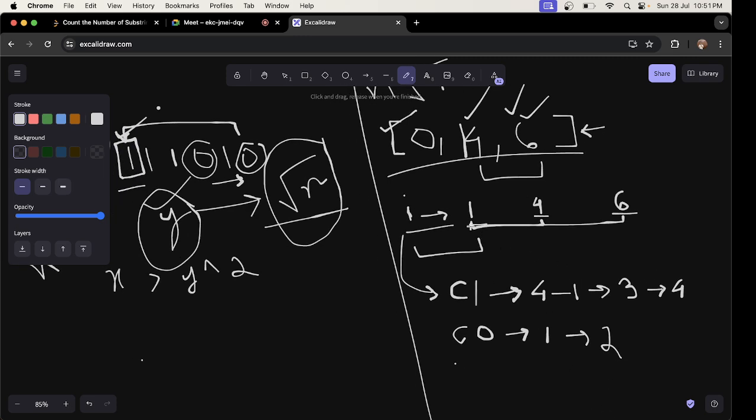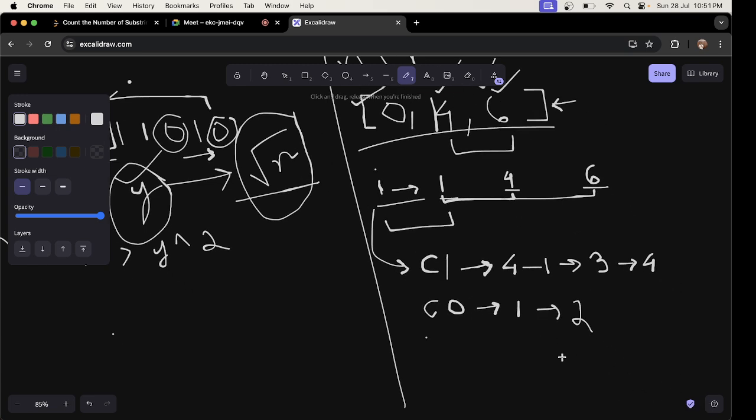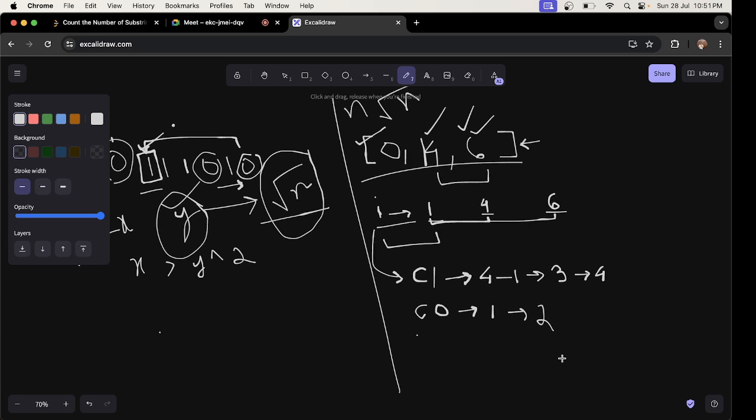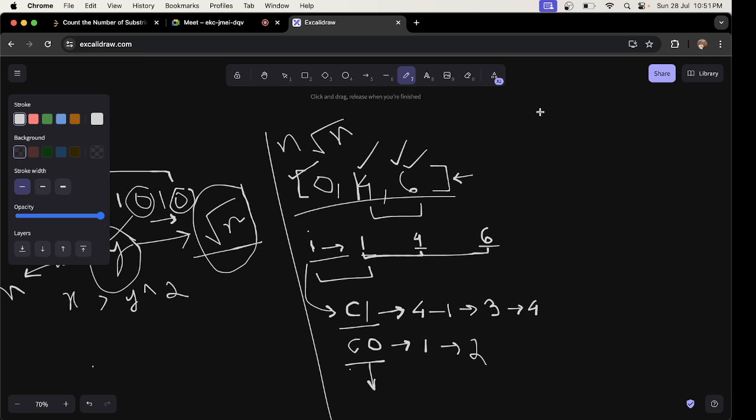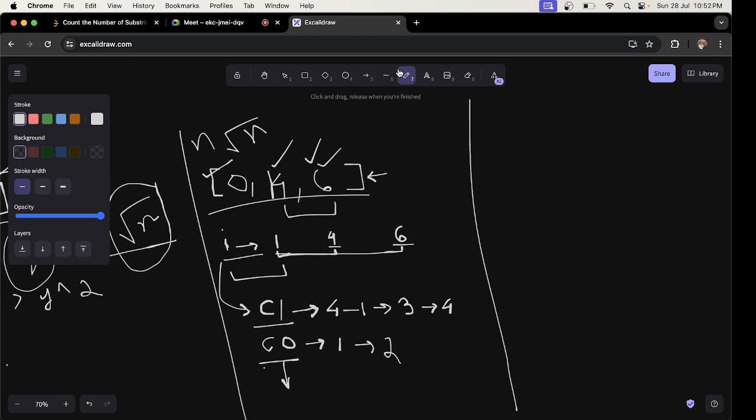So the length of the substring is 6 and there are 2 zeros among that, so there are 4 ones. Every time we move to the next index in this array, our number of zeros gets incremented by 1. And if we know the number of zeros in the substring, we will also know the number of ones. Till here it's clear or not? Yes, it's clear.